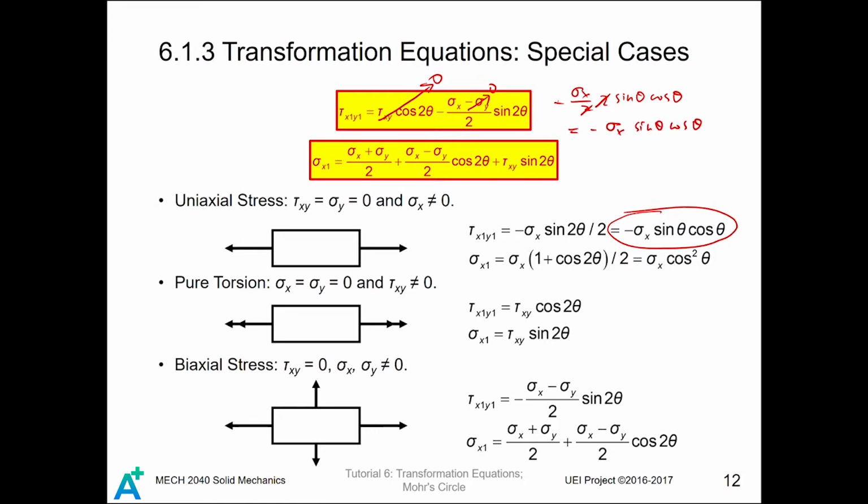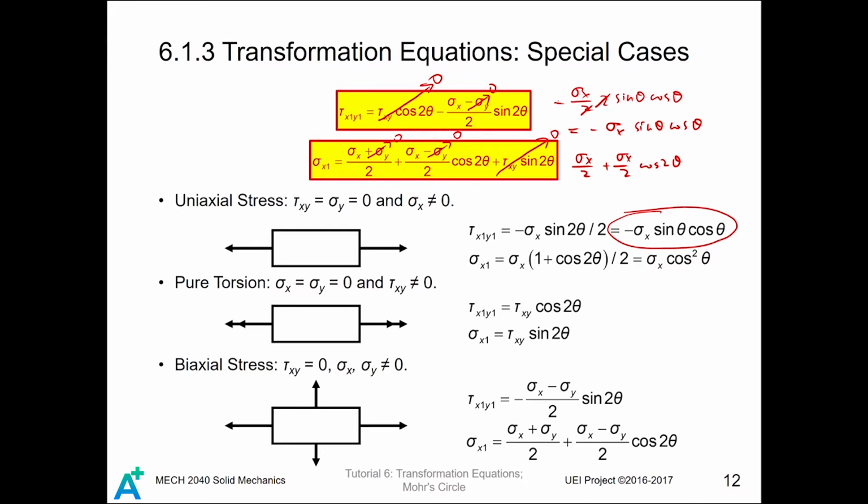Similarly, for the direct stress in the x1 direction, we know there is no shear stress and there is no sigma y. What's left here is just sigma x divided by 2 plus sigma x divided by 2 cosine 2 theta. If you take sigma x divided by 2 out, in the bracket it becomes 1 plus cosine 2 theta, which is just 2 cosine squared theta.